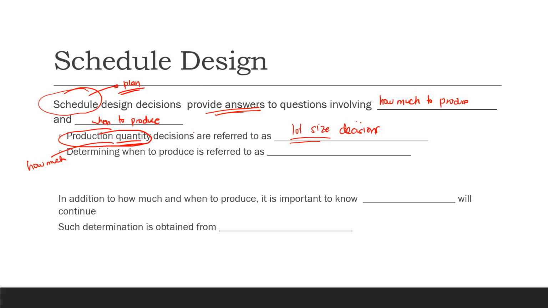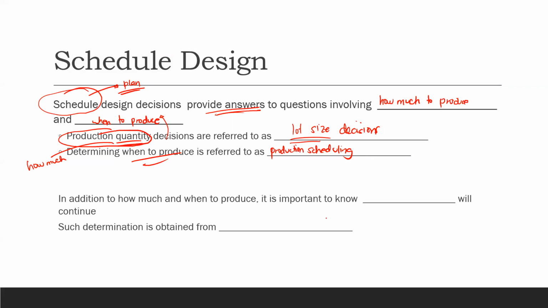And then yung another part ng decision, schedule design, is yung timing, which we refer as production scheduling. Okay? So itong lot size decisions, determining how much of a product you have to produce or what is the production quantity, and the timing as to when that particular product has to be produced. So yung dalawang yan yung kino-cover ng ating schedule design.